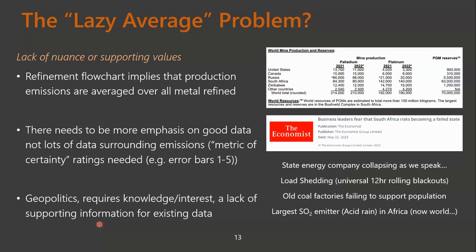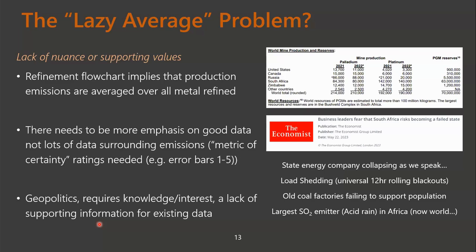So you can imagine if you're one of the refining companies, you're going to have to start implementing dirtier practices or finding other ways to make sure that you can keep producing materials. And the old coal factories that they're currently using, the state company that is, are essentially falling into a state of disrepair and are failing to support both the population and the economy as a whole.